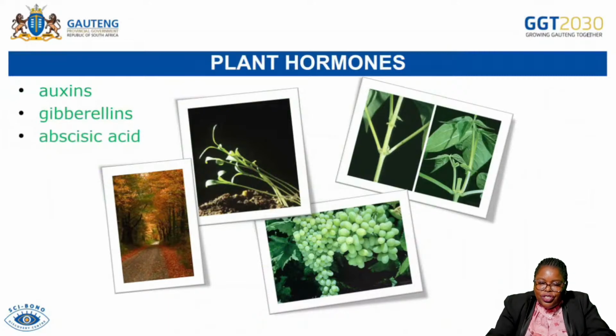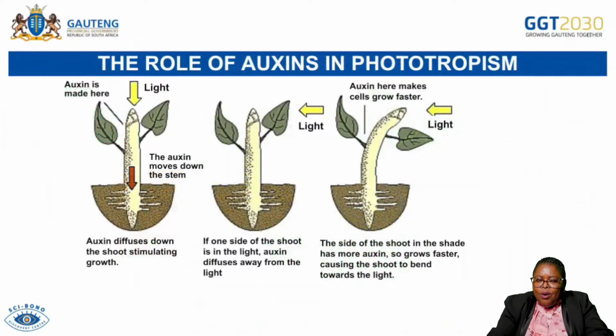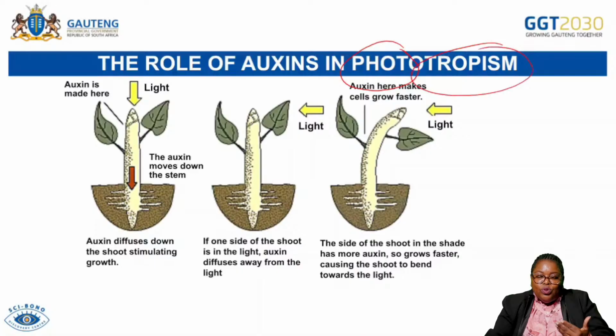Now I'm quickly going to look at the role of auxin in phototropism and geotropism. Photo means light, and tropism, growth. So phototropism is growth towards light, or growth in response to light.